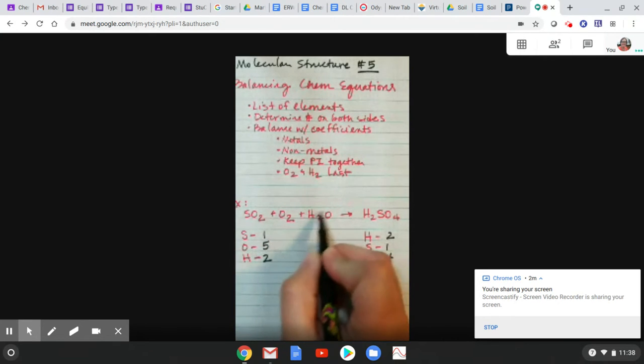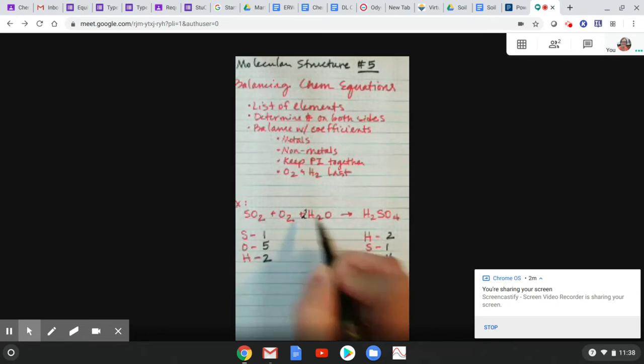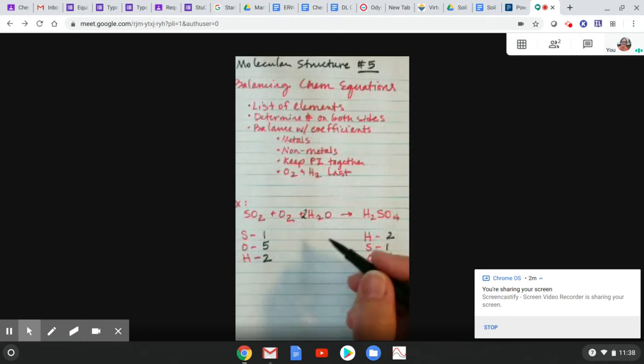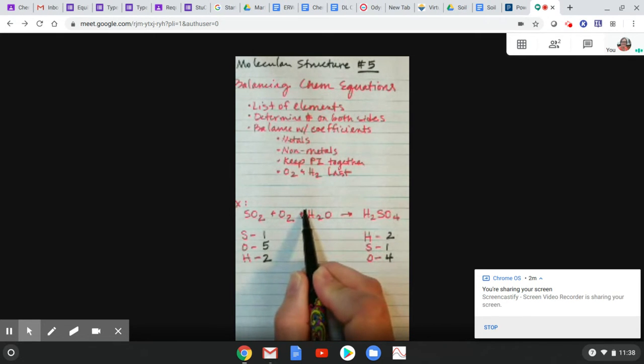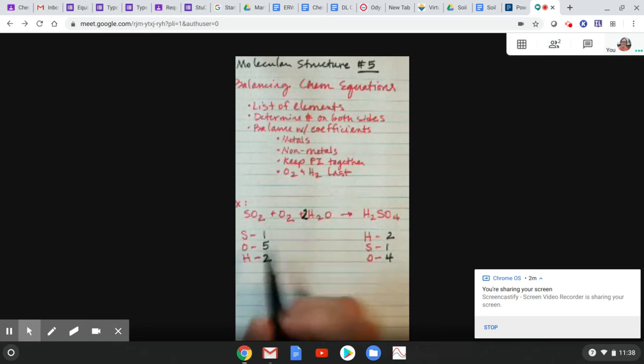So I'm going to pick this water right here and put a 2 in front of it. I know I'm looking at balancing my oxygens and hydrogens last, but I'm going to mess that up a little bit. So if I put a 2 in front of this, that now gives me 4 hydrogens, but that gives me 1, 2, 3, 4, 5, 6 oxygens. That's at least an even number. I can work with that a little bit better. I'm still not even though.